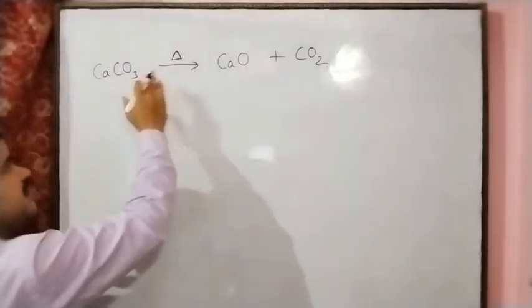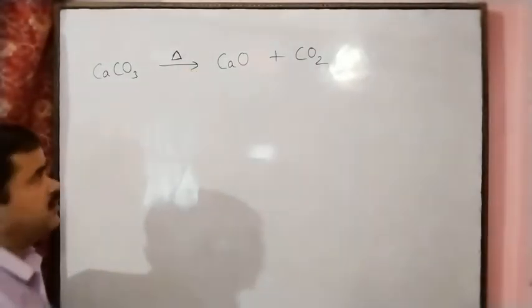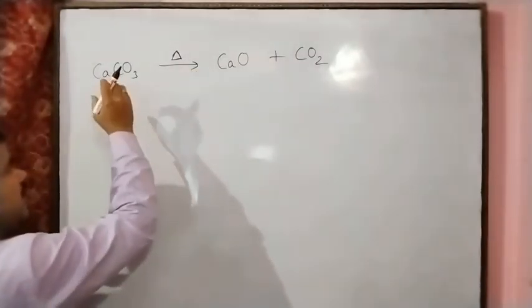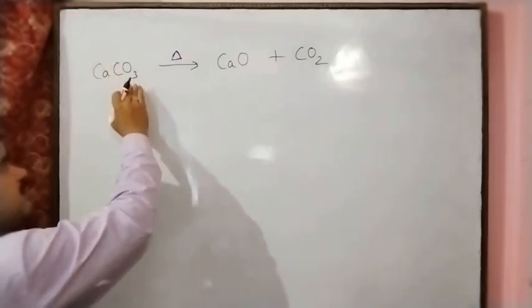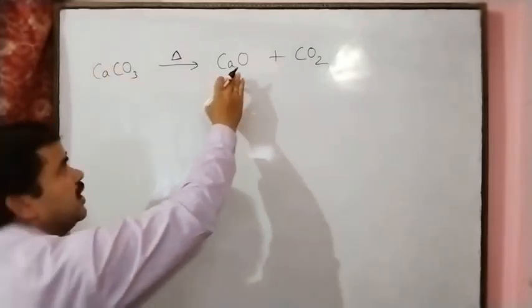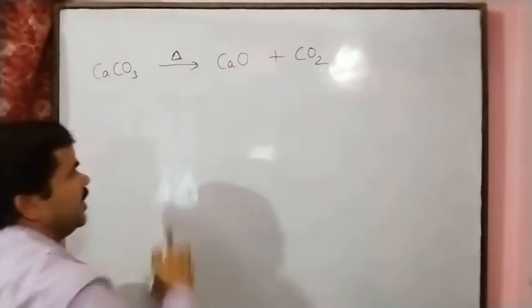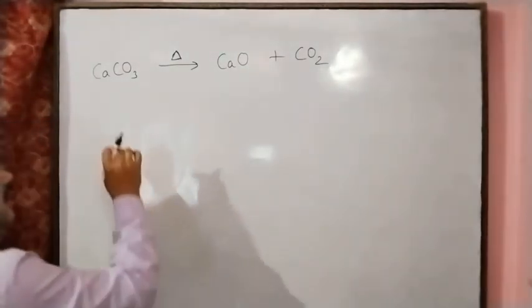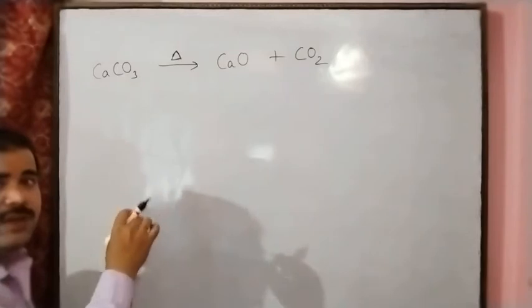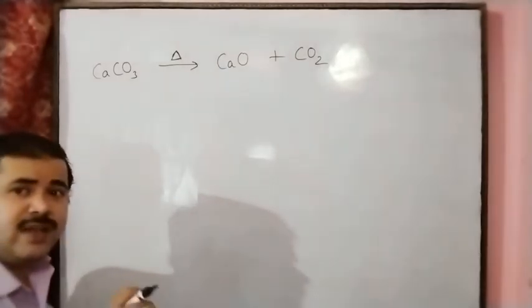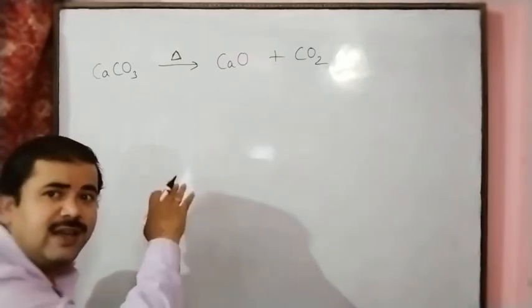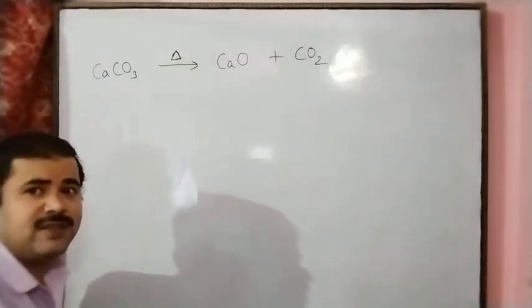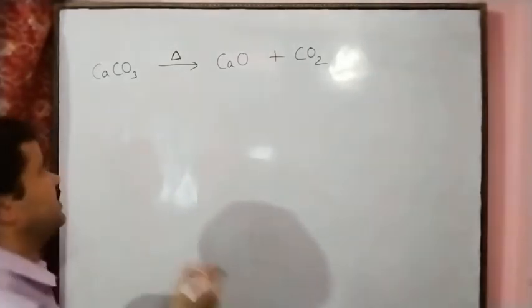Calcium carbonate, due to the absorption of heat energy, decomposes into calcium oxide and carbon dioxide. So this reaction is called a thermal decomposition reaction, because heat energy is required.